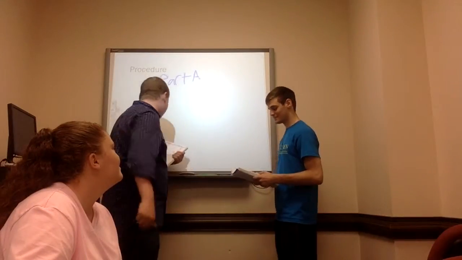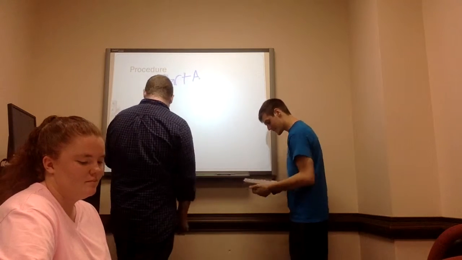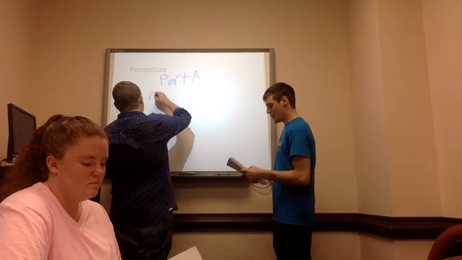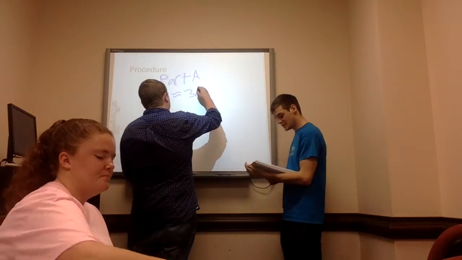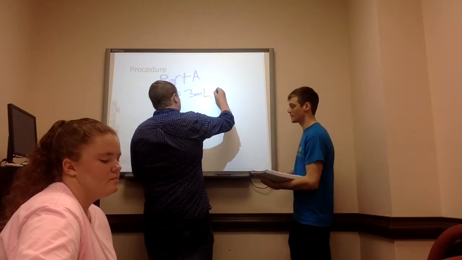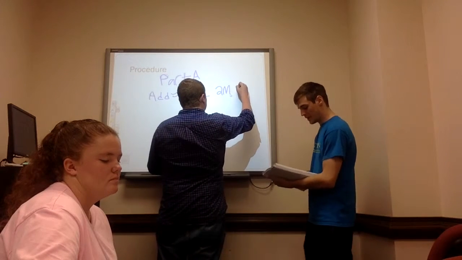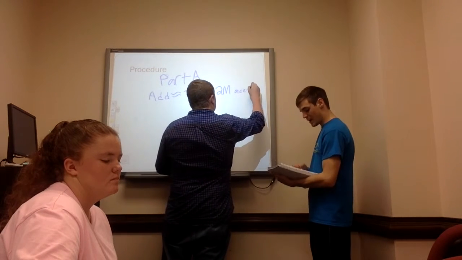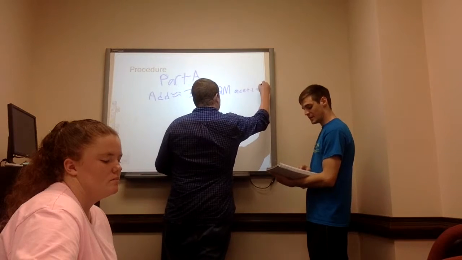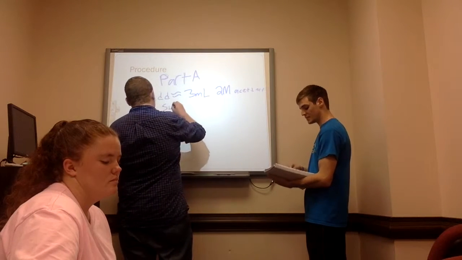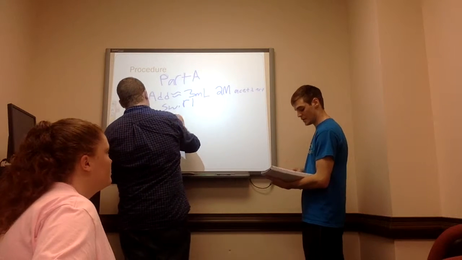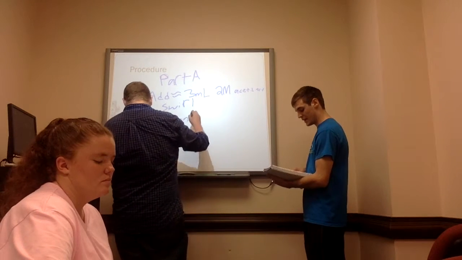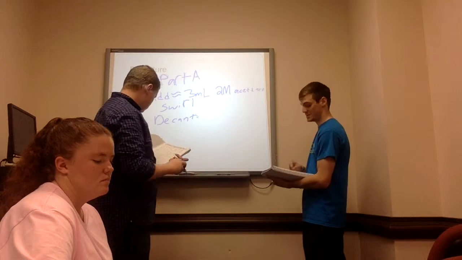So, Mr. Crossley, you're up here to help us. And what did you do next? Okay, so I added 3 milliliters of 0.2 molar acetic acid to the beaker with the solid zinc. And then I swirled that a few times. Then I decanted most of the solution into the product solution beaker, making sure that I left all the solid zinc in it.